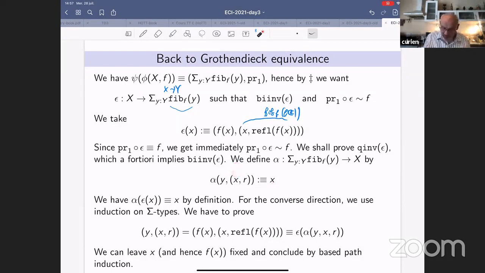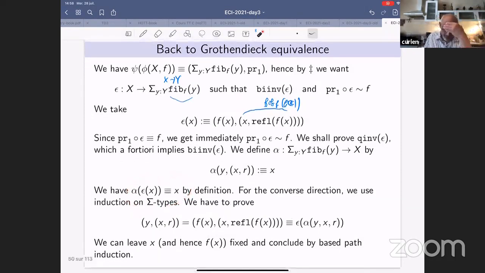And we have to prove that alpha and epsilon are inverses. Okay, so alpha of epsilon of X, it's easy because if I do epsilon of X, I get this thing, and if I project on the thing in the middle, it's X. So this holds without any difficulty.